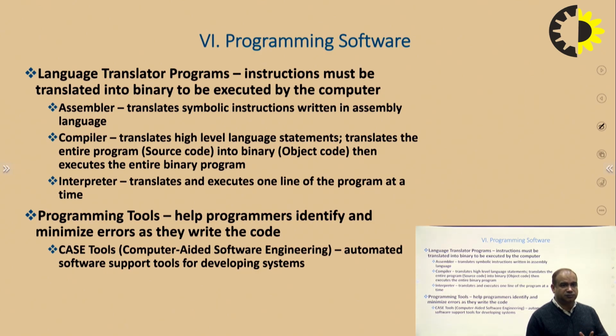After the successful recompilation, object code is created. If I talk about the interpreter, it translates and executes one line of the program at a time. In case of an interpreter, if any error is found in any line, that line is skipped and the next line is executed if that is correct.